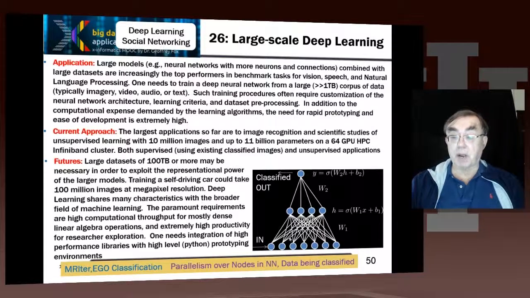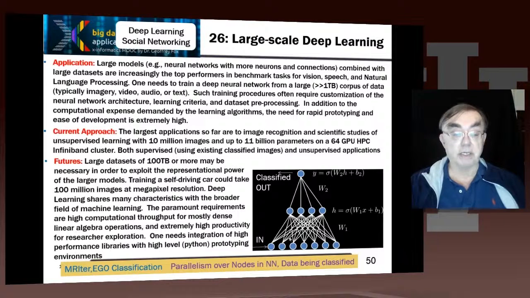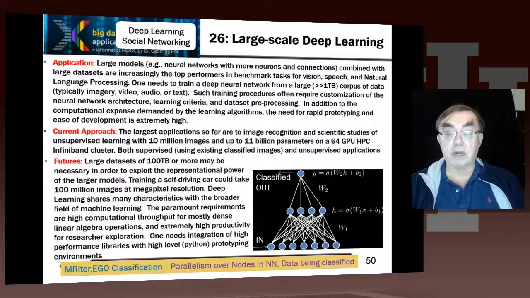What you feed in at the bottom are the pixels for each image. So you feed in a whole set of images. And then there are some very clever optimization algorithms that are used to train the networks. This is one of these EGO projects where the world you're taking is the set of images, and the parameters you're optimizing are the weights of these links called W1 and W2 in this diagram here.